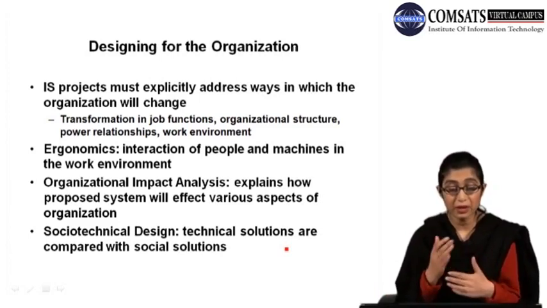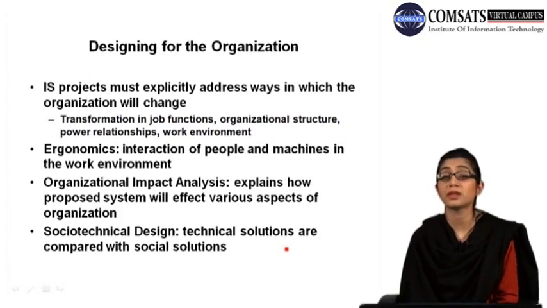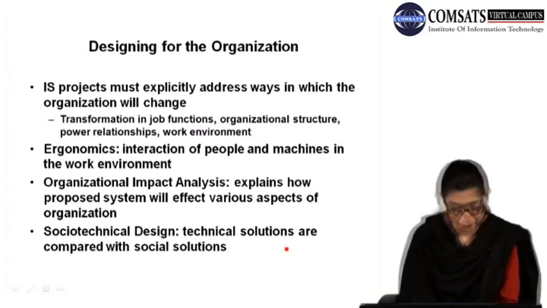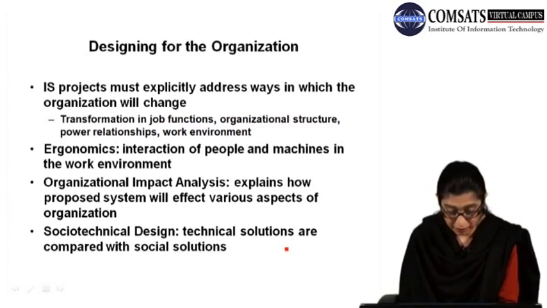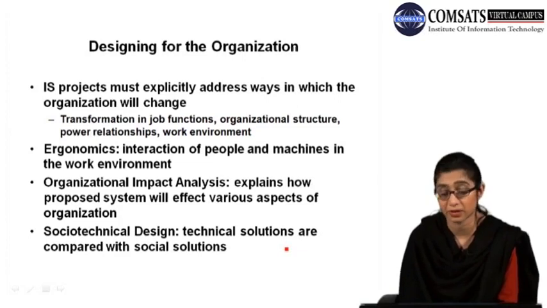So again, you have to think in terms of a socio-technical design. जिसमें आपको not only have to consider the technical approaches, you have to consider the social impact of those solutions as well. So that means it creates an information system that blends the technical efficiency with sensitivity to organizational as well as human needs, leading to higher job satisfaction and productivity.